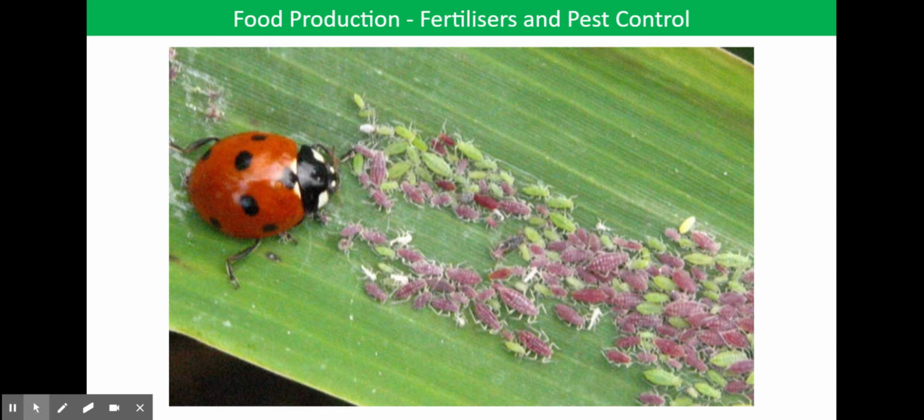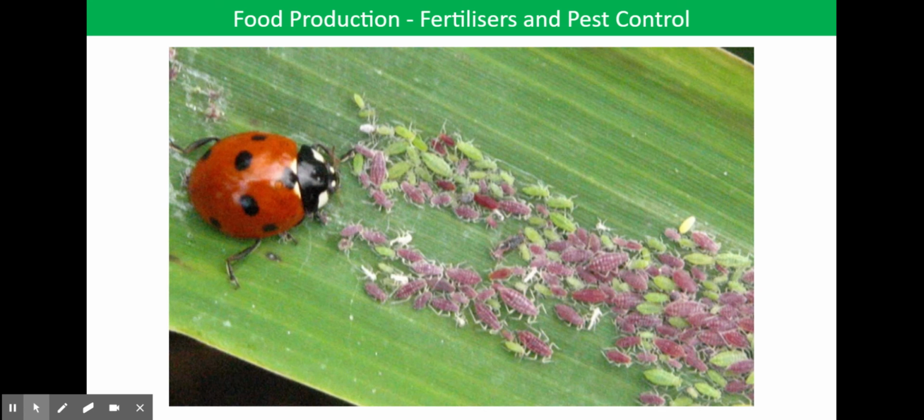So the other option is biological control, and this can happen entirely naturally. So, for example, ladybirds eat aphids. Now, usually a species is introduced specifically to prey on the pest species. So, for example, a parasitic wasp can control whitefly in greenhouse tomato crops.